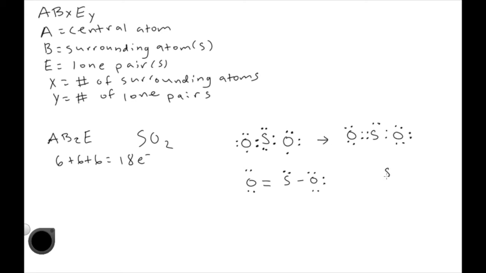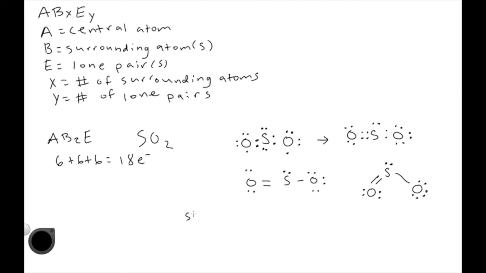We have our sulfur in the center, right? And the bonding pairs will orient themselves away from the lone pair on the sulfur. Right, because the steric number of sulfur is 3, right?